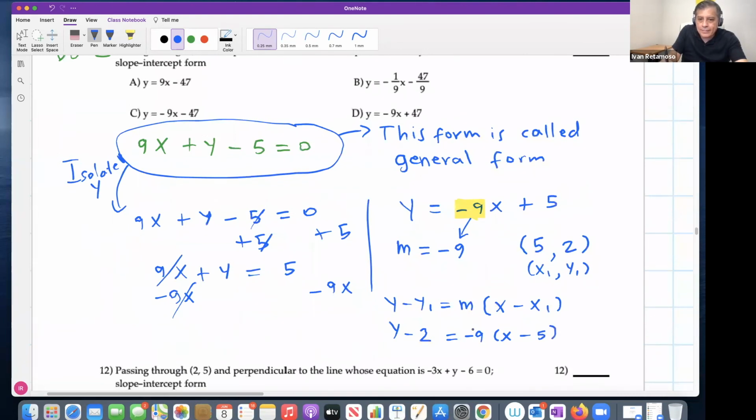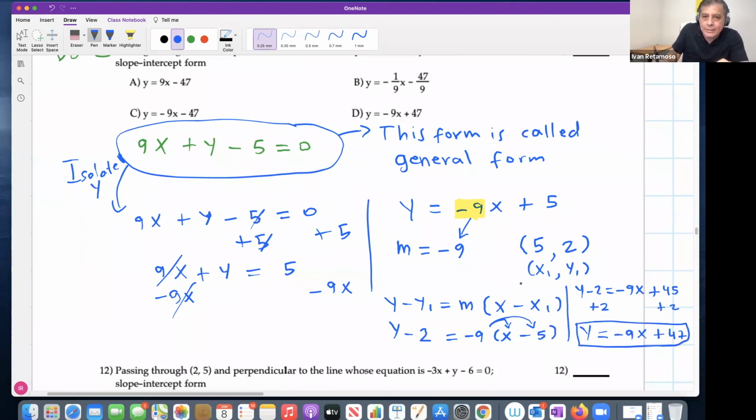Do the math here. y minus 2 equals -9x, -9 times -5 is plus 45. Adding 2 to both sides shows that y equals -9x plus 45 plus 2, 47, is the equation of the parallel line. So this is it. Very good, very good, Khan.